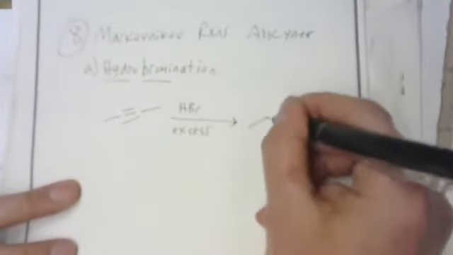And essentially what's going to happen is you're going to get 2 bromines on one of the sides. So that's kind of why we were going to call it Markovnikov. And it's going to be similar in concept to HBr addition to an alkene.